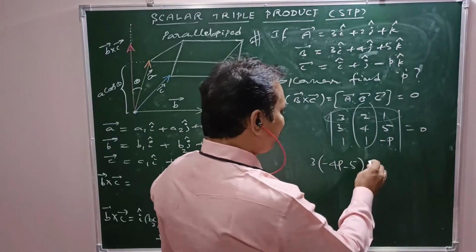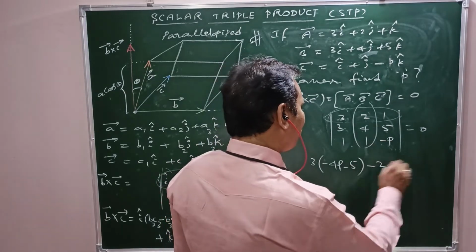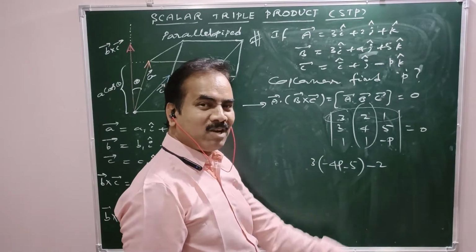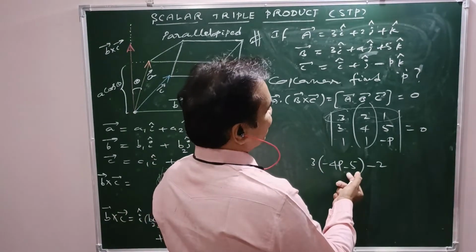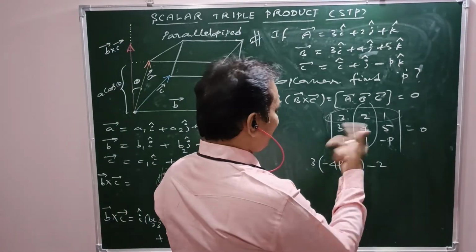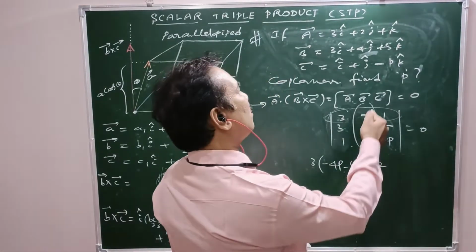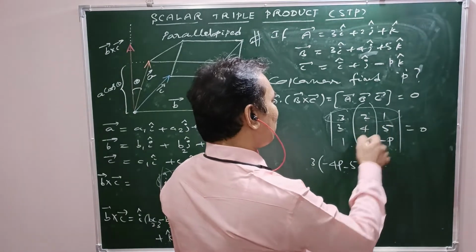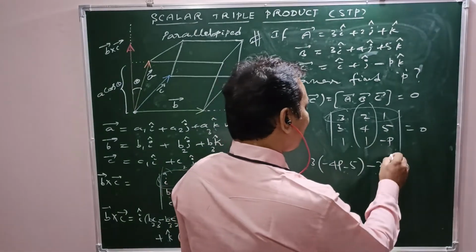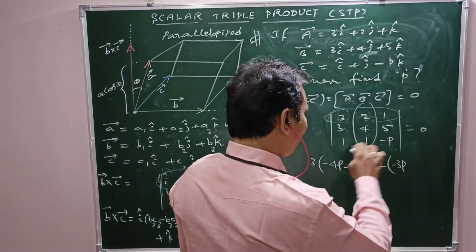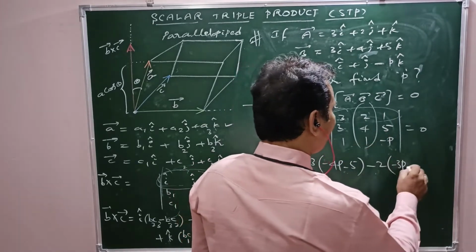Before that, we need to write minus 2 into I into AD minus BC, minus J into AD minus BC, plus K into AD minus BC. Now this time minus J, J means 2, so 2 into minus 3P minus BC, and BC means 5 into 1, that is 5.